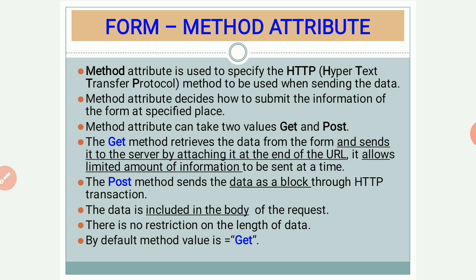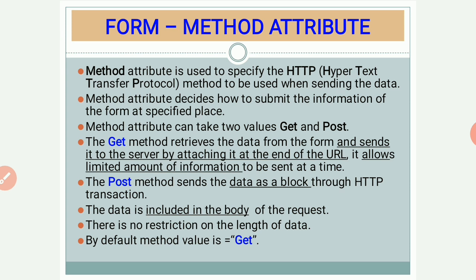Input element. The input elements are used to insert various fields like text box, password, radio button, checkbox, submit button, reset button and drop down menu in the form. Now whenever we use an online form, all these elements we are using in it.